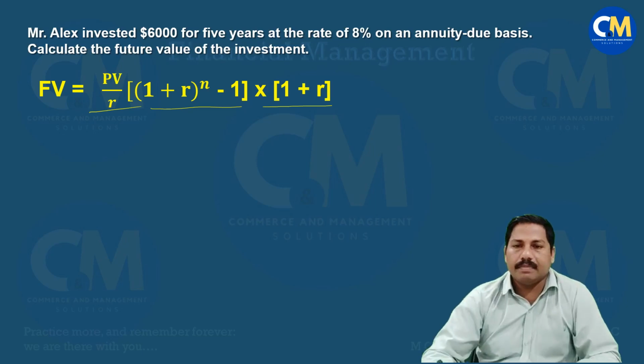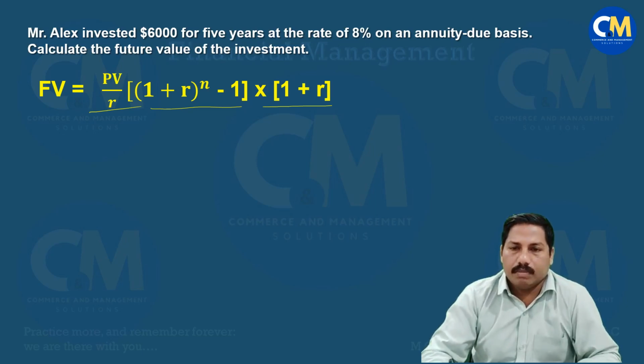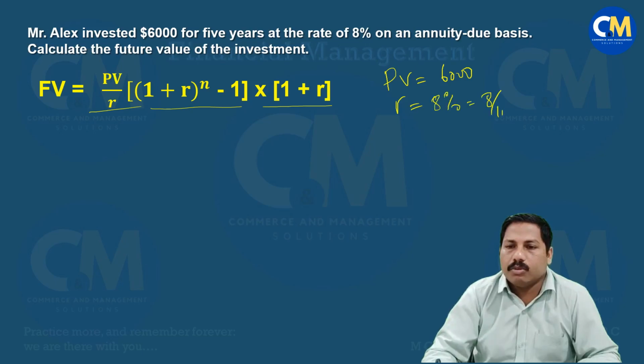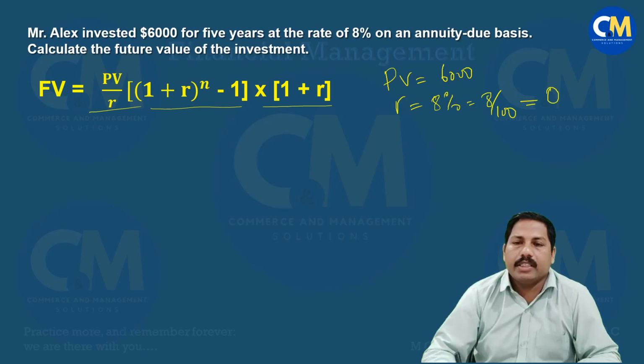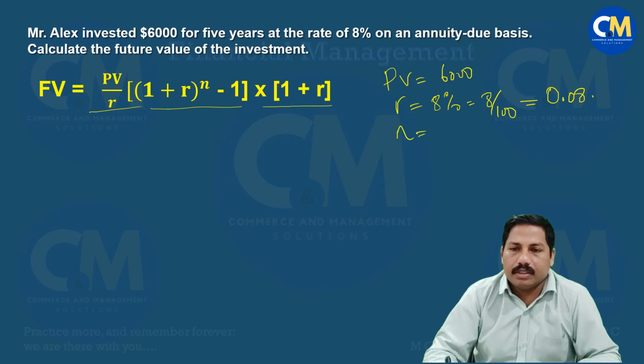Here PV we need, that means the present value. Present value is given in the question, that is $6,000. Next R is given in the question, that is 8%, so 8 divided by 100 is equal to 0.08. Then n is given in the question, that is 5 years.